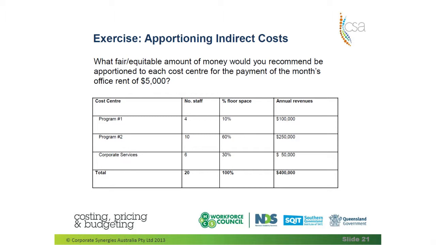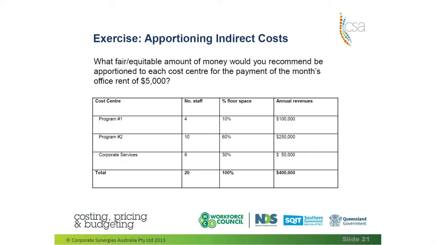So for example, we've already said that corporate services does not only bring in its own revenues, but it actually supports Program 1 and Program 2 in regards to providing additional administrative and corporate support to the development and running of those programs. So in this case, we may choose not to put any rent at all into the corporate service, but simply to divide between Program 1 and Program 2.